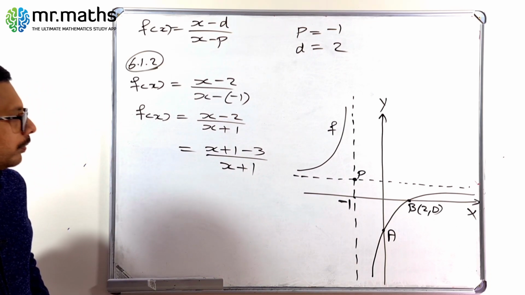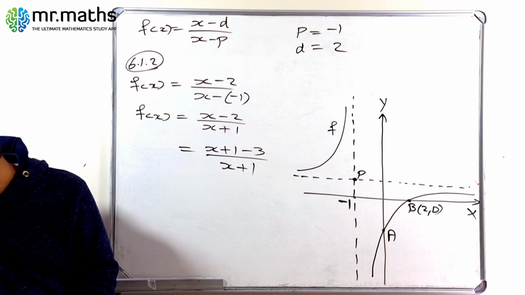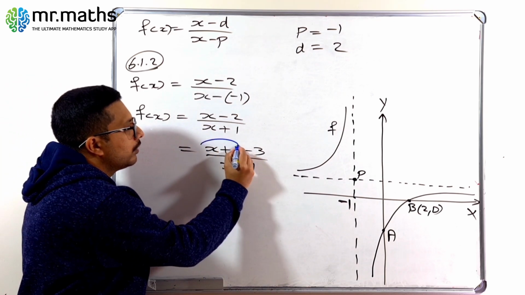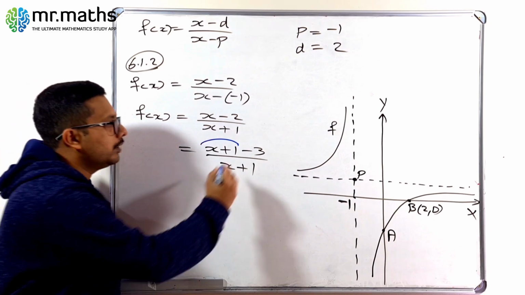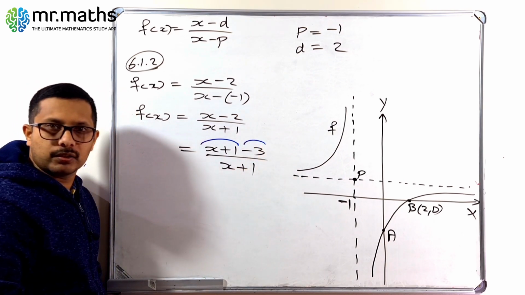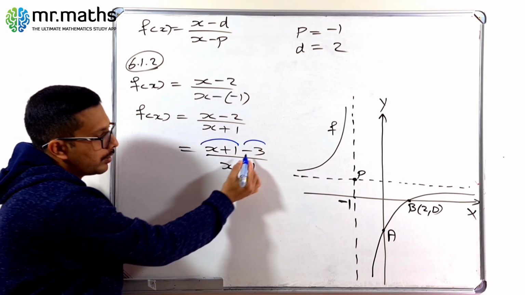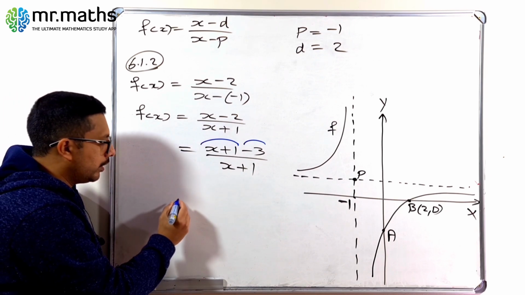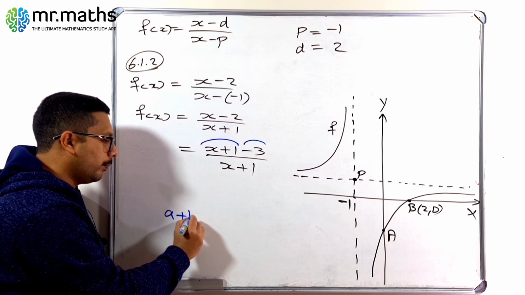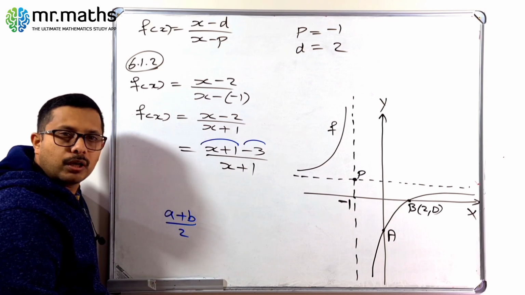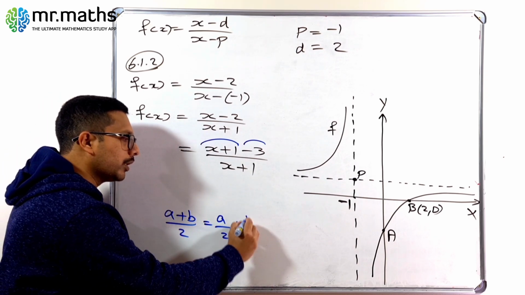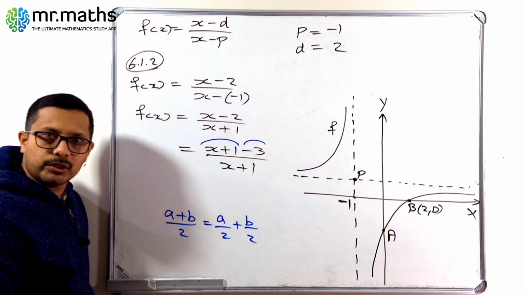Now what I'm going to do is combine this one as 1 unit and this one is another one, separated with a minus. In small classes you studied something like this, a plus b divided by 2. How can you split this one? You can write it as a by 2 plus b by 2. Am I right?